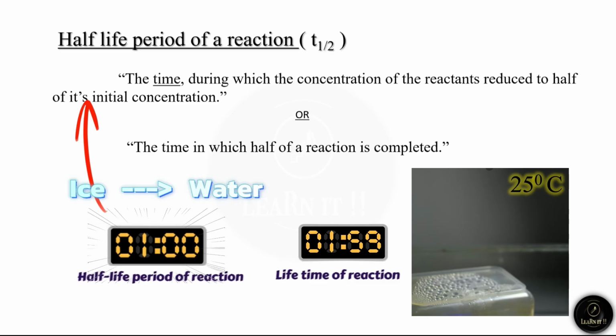If you take 2 grams of ice, that is called the initial concentration, but here we are taking in terms of mass. So if we take 2 grams of ice, so as to become 1 gram, the time taken is called the half-life period. So here it is 1 minute or 60 seconds.